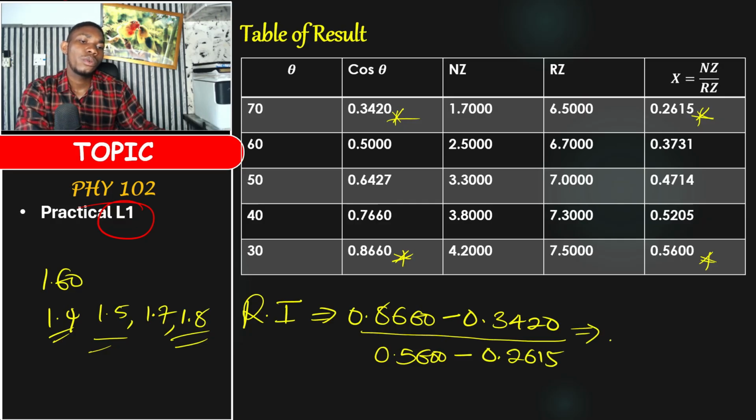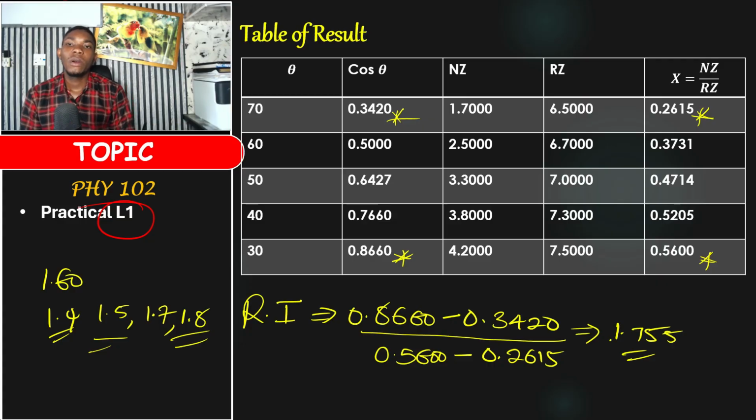Now when you press this in your calculator and do the arithmetic, let's see what you're going to get. 0.8660 minus 0.3420, divided by 0.506 minus 0.2615. Now my dear student, what did you get? You got 1.75. So it's within the range, which is very correct. 1.755 is within the range, which is very, very correct. So we can decide to use these values to plot our graph and then get our answer.